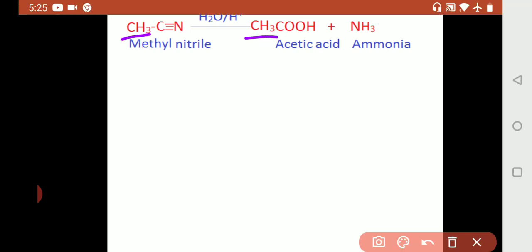RCOOH is the general equation. This is a specific equation in which CH3 is present in place of R. What is CH3COOH? Acetic acid. And what is the byproduct? Ammonia. The CH3C part is converting into CH3COOH and the nitrogen part is converting into ammonia.